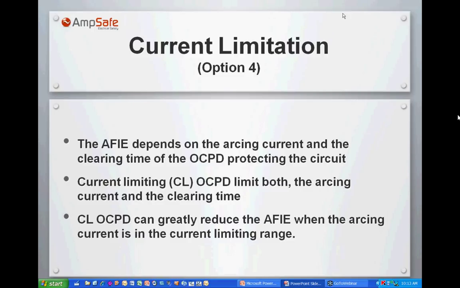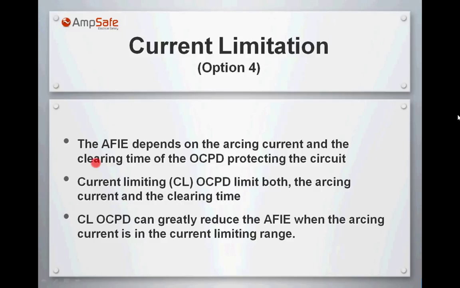Let's talk about how the current limitation feature in the ArcFlash works, okay? As you know, the ArcFlash incident energy will depend on the arcing current, and not only upon the arcing current, but mostly on the clearing time of the overcurrent protection device.